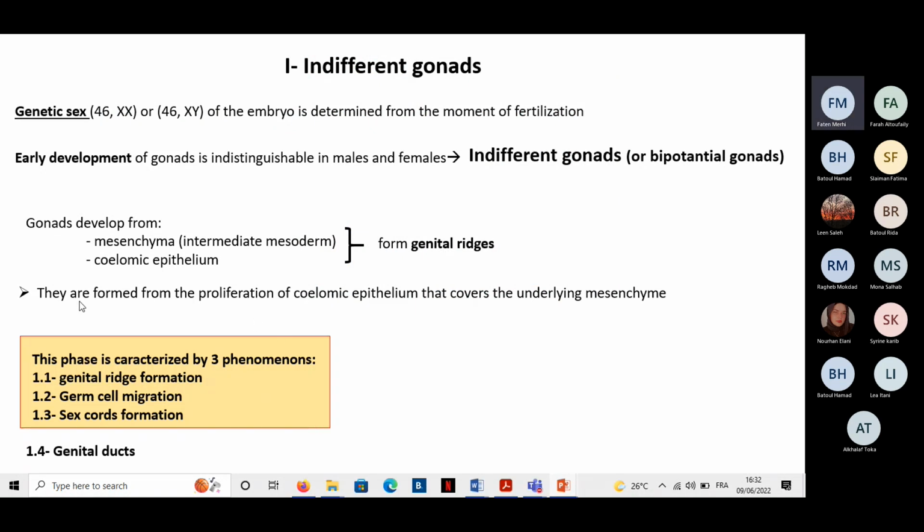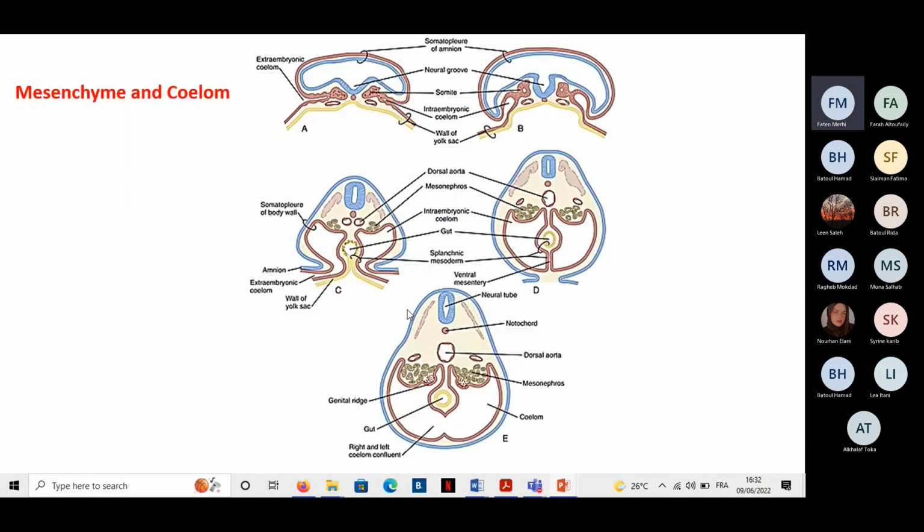They are formed from the proliferation of the coelomic epithelium that covers the underlying mesenchyme. The mesenchyme is inside and is surrounded by this epithelium.